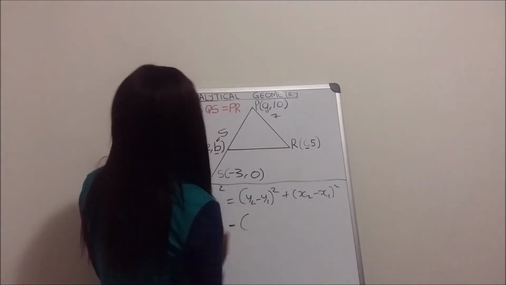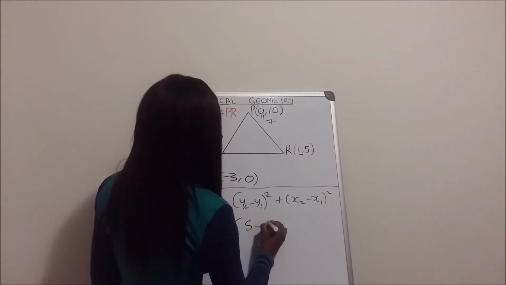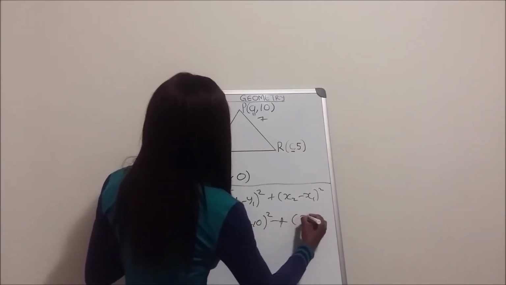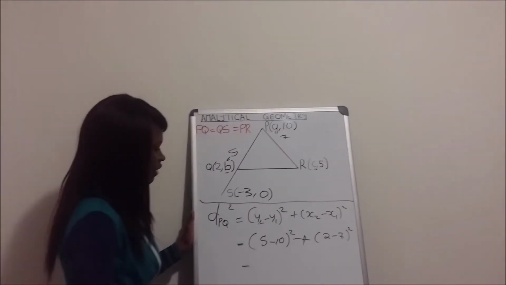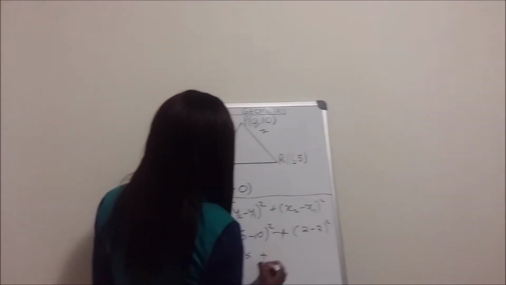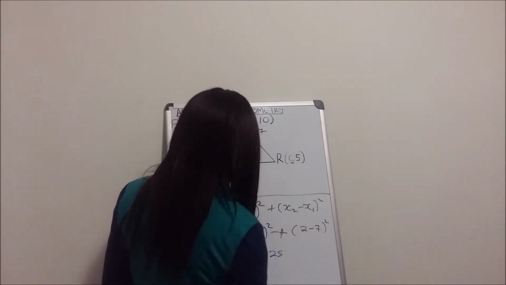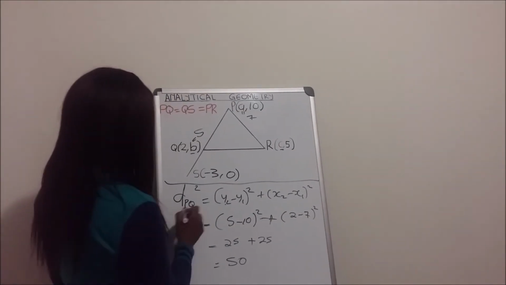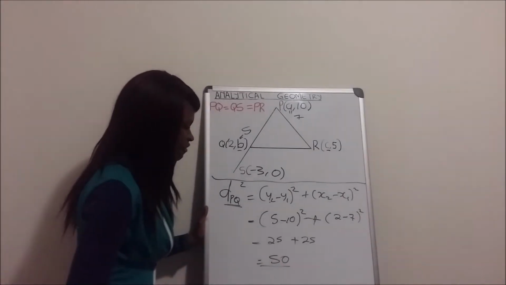Here we have 5 minus 10 squared plus 2 minus 7 squared. 5 minus 10 is negative 5 squared, which gives us 25, plus 2 minus 7, which is negative 5 squared, that will still be 25. Then here we have 50. The distance is still squared here. That means d of PQ squared is equal to 50.